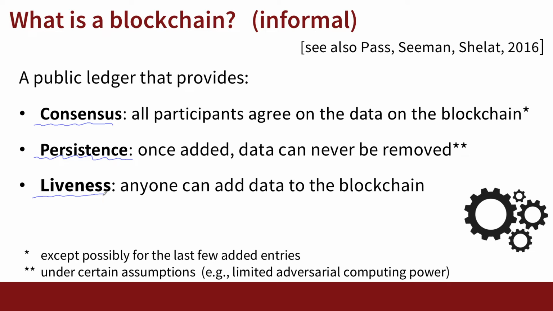I should mention, by the way, if you want to see a more formal definition of what a blockchain is, there's this nice paper from 2016 that you can take a look at, and there's a much deeper analysis of what a blockchain is and how we argue that consensus protocols actually provide these capabilities.